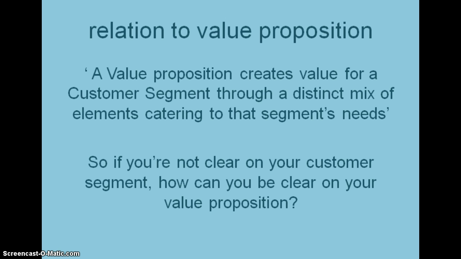And to round it up, what was again the relation to the value proposition, the core element of our business model? A value proposition creates value for a customer segment through a distinct mix of elements catering to that segment's needs. So you define your customer segments and create a value proposition for each customer segment, and these can be different.